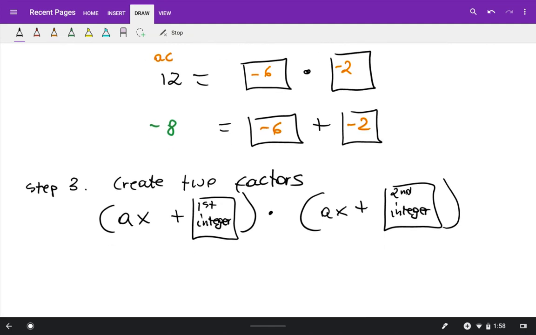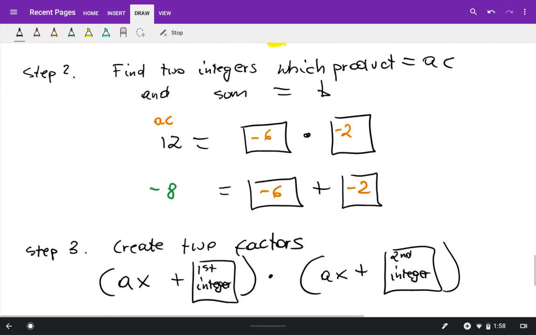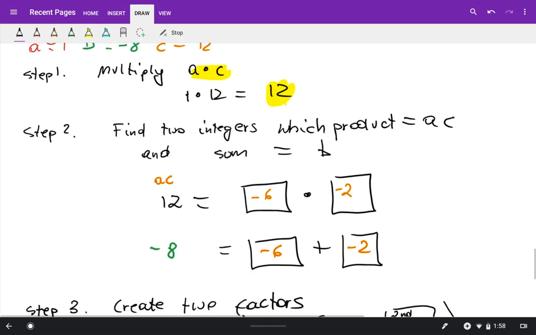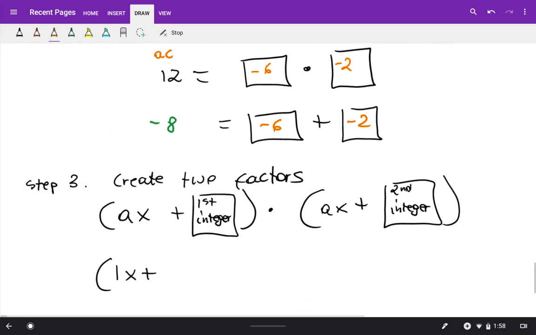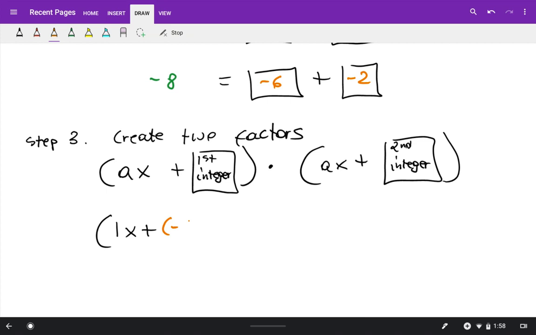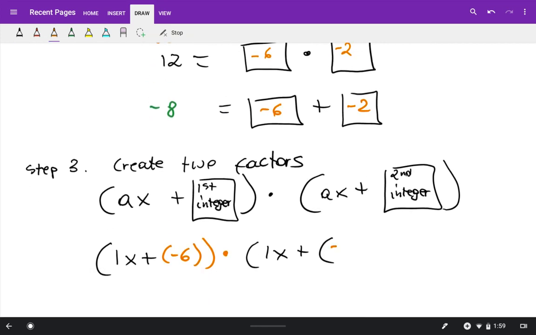Okay, so in our case A was equal to 1, so we have 1x, right? 1x plus the first integer which we found, which was negative 6, times 1x plus the second integer, which was negative 2.